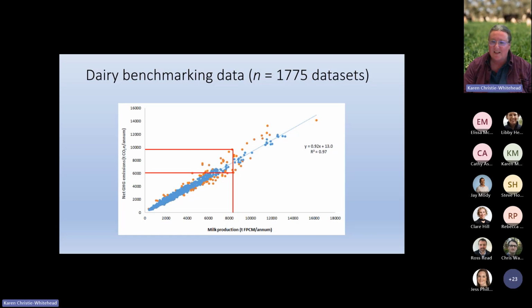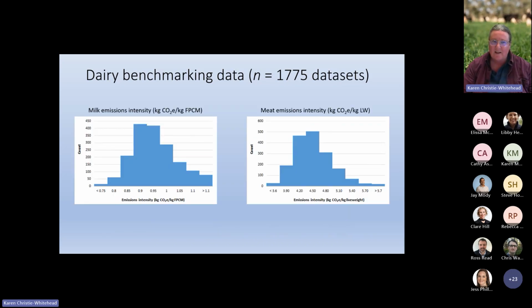So producing the same product, but vastly different emissions. And so that's where we use an emissions intensity to compare like with like. On the left, we've got the milk emissions intensity across those same data sets, and you can see quite a range, anywhere from less than 0.5 up to greater than 1.1.